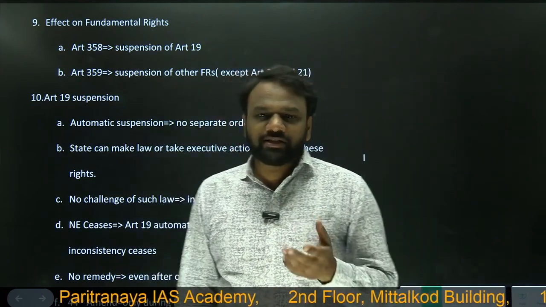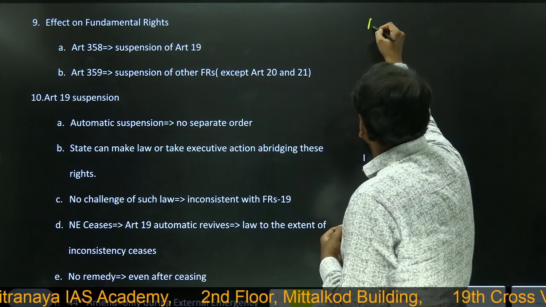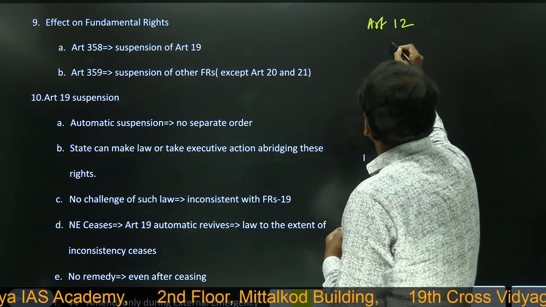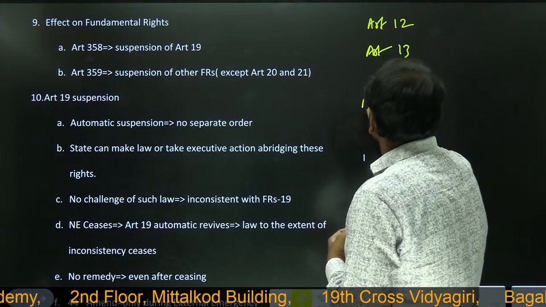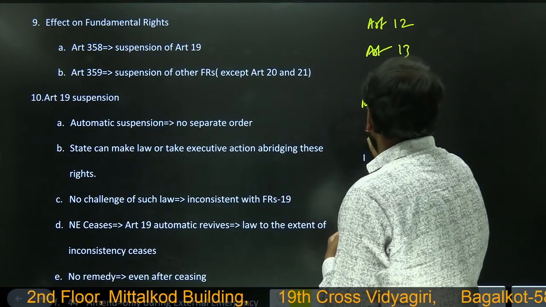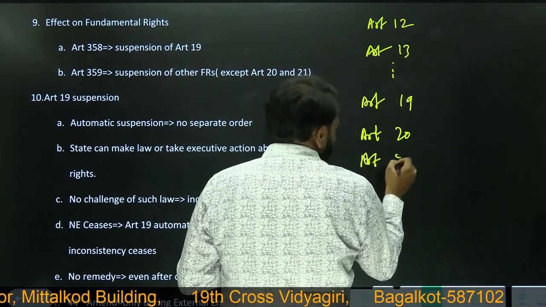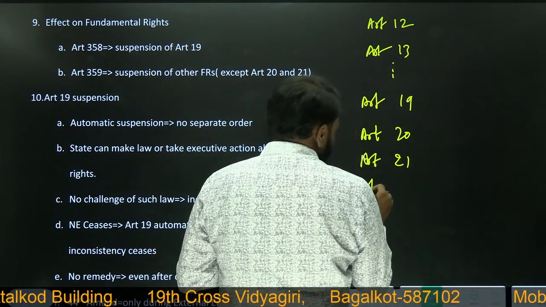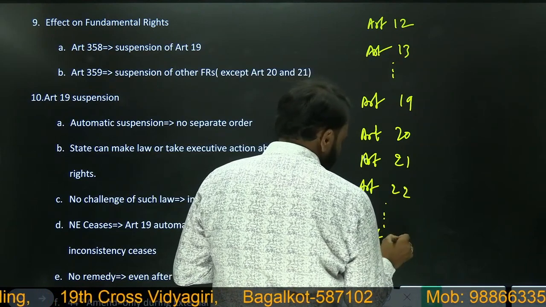So we have already discussed the topic called fundamental rights. Article number 12 to 35. Okay, article number 13, article number 19, article number 20, article number 21, article number 22, and so on, article number 35.